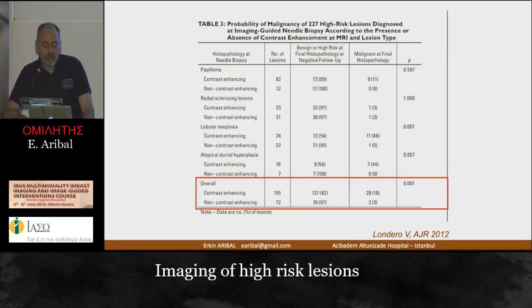Here, when you look at the overall results, contrast-enhancing lesions are more dangerous than the non-contrast-enhancing lesions. So if it's a contrast-enhancing lesion, you should be more cautious when evaluating the result of your biopsy.